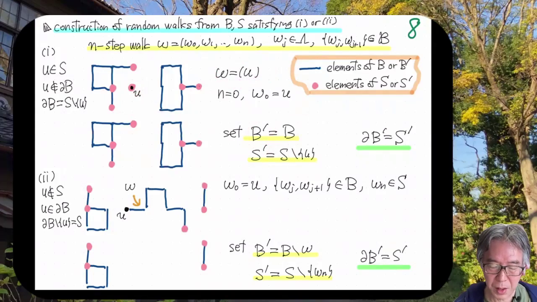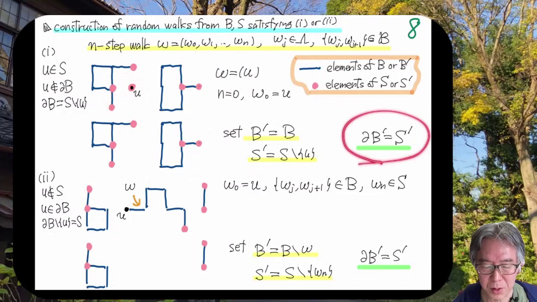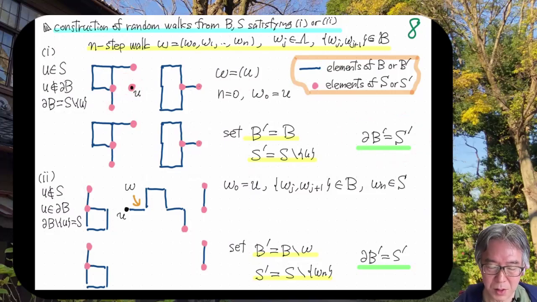And B doesn't change, so B prime is the same as B. S prime is almost the same as S, but it doesn't contain this site. And I claim, this is very essential, that after this construction we have this condition: dB prime is equal to S prime. Well, I think this is clear. To begin with, dB and S satisfy this thing.